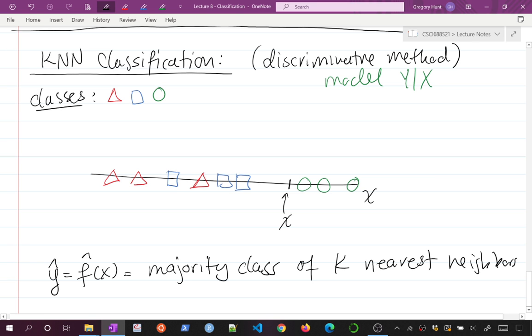So in our case here, those are my k nearest neighbors. And so what I get is that f hat of my x is equal to green circle. If I predicted somewhere else, I would correspondingly get something different, but it's not too hard to imagine. So it's a very, very, very simple algorithm.